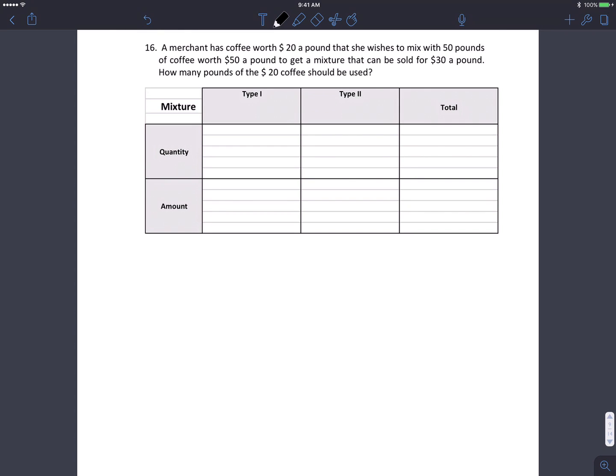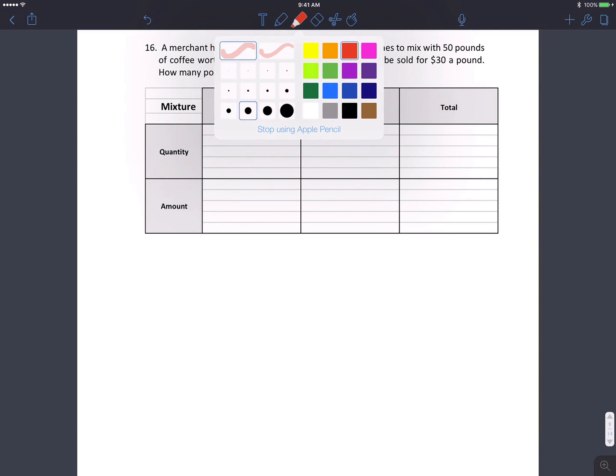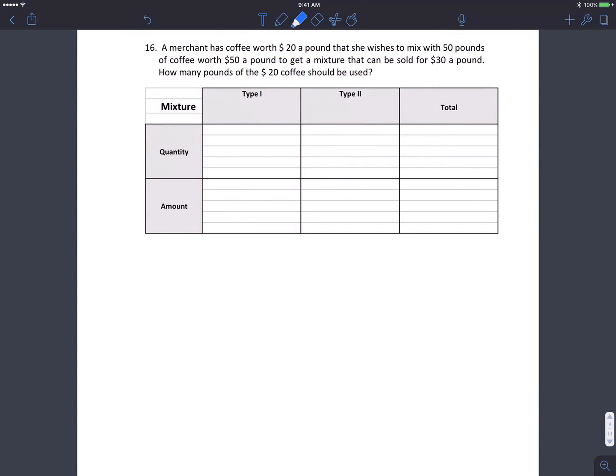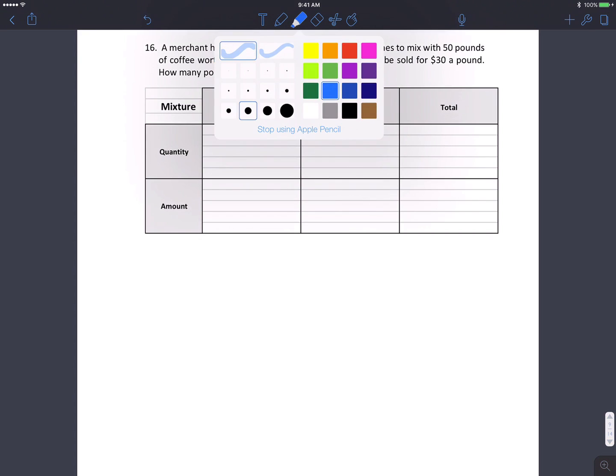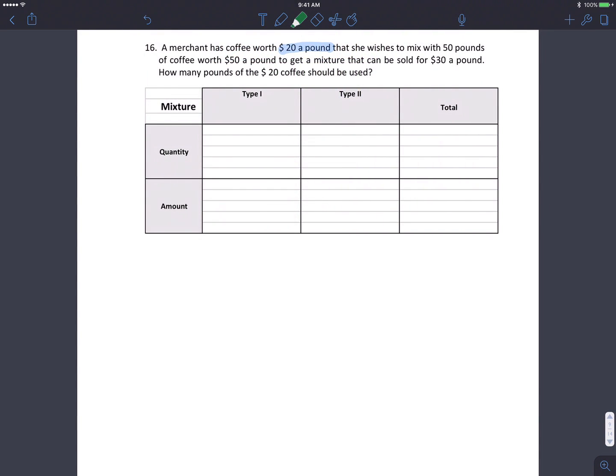Okay. Let's use our colors here. Let's read this again. A merchant has coffee worth $20 a pound. So she has some coffee worth $20 a pound. She wants to mix it with 50 pounds of coffee worth $50 a pound. Let's change the color. She wishes to mix with 50 pounds of coffee worth $50 per pound.